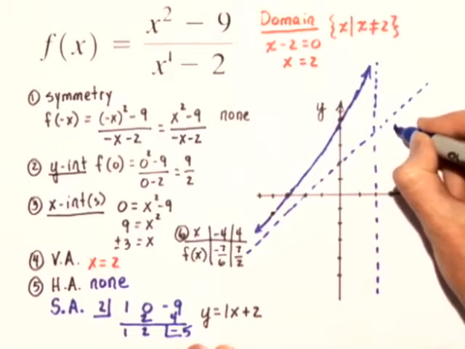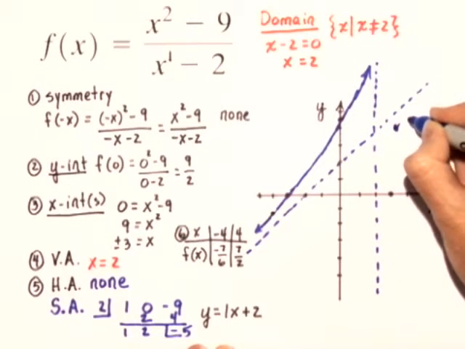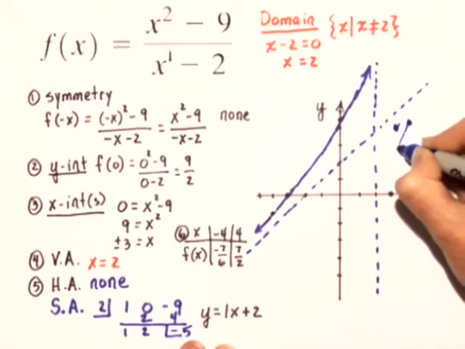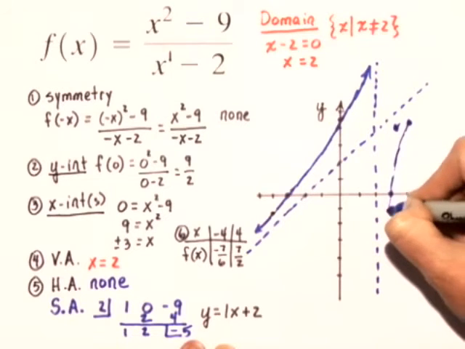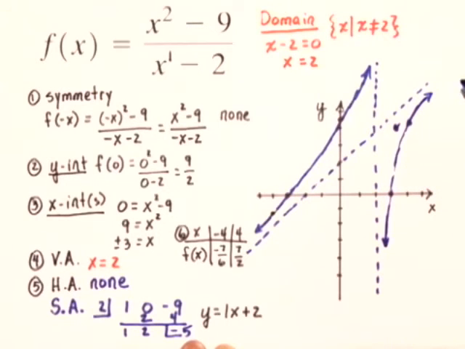About 3.5, and right about here. I didn't mean to draw that little dot right there, so we'll ignore that. And with the exception that that little dot shouldn't really be there, here is the sketch of this rational function.